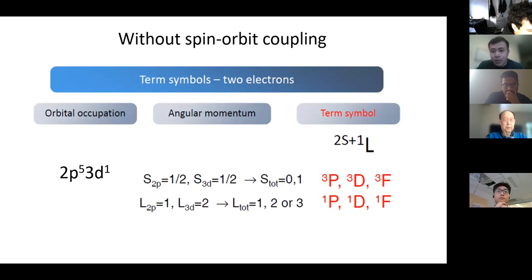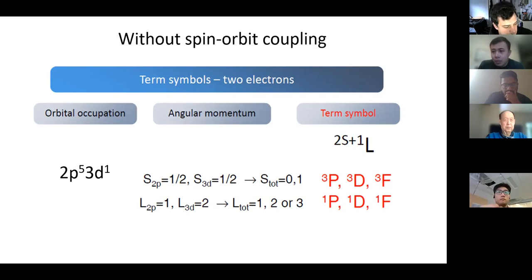Let's limit our discussion to just the 3d elements, which is the primary area of interest we'll be working on for batteries. For the 3d elements, the simplest cation we can think about is titanium 4+. From the perspective of spectroscopy, it's because titanium 4+ is 3d0, right?